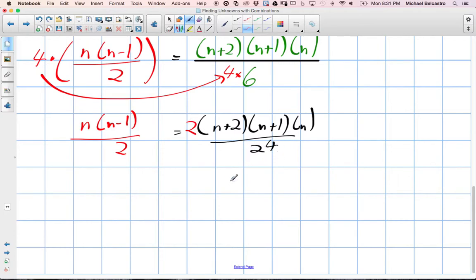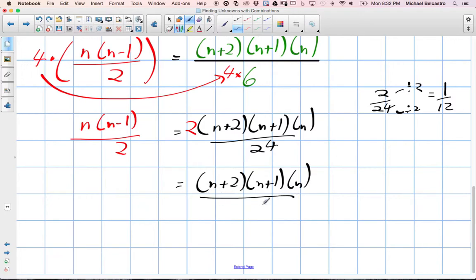Think of 2 divided by 24 as a reduced fraction. If I divide both the top and the bottom by 2, then it becomes 1 over 12. And the 1 on top is not important, so we don't have to write it in. So we just have n plus 2, n plus 1 times n over 12.